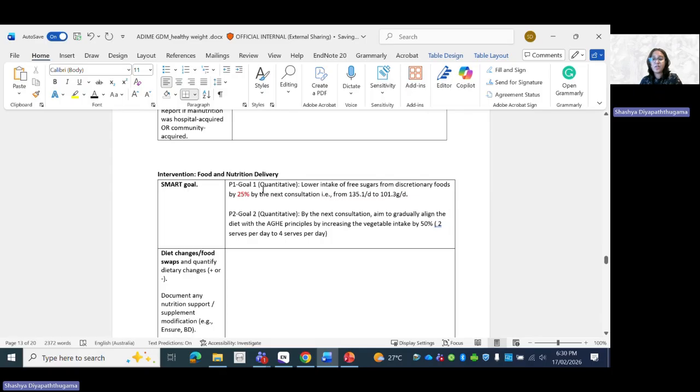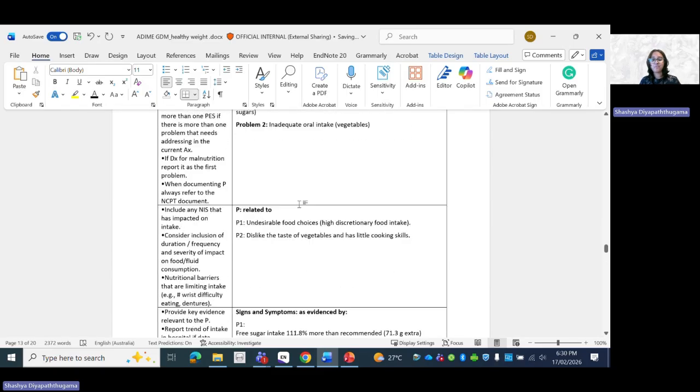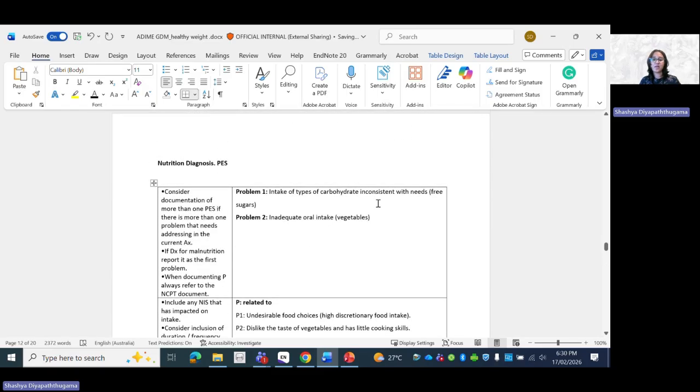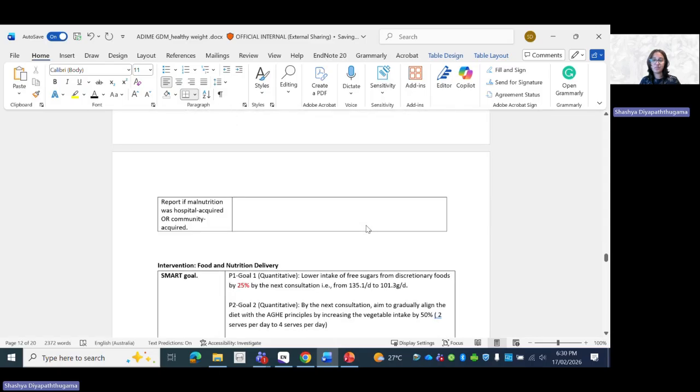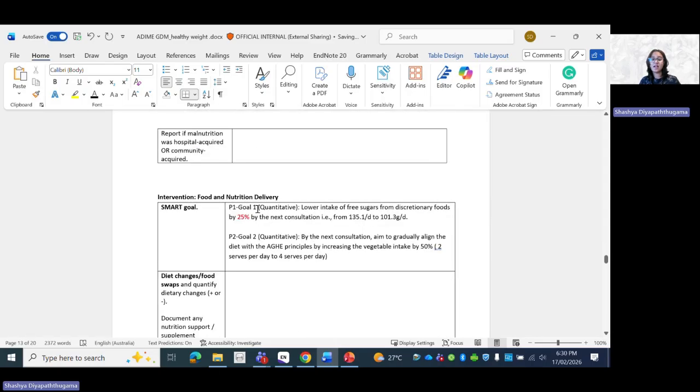Okay, this is done. And now we need to design the intervention. So the goal for the first one, I've written down 2 goals for the 2 problems. So for the first one, which is intake of types of carbohydrates inconsistent with the needs, free sugars, that is a quantitative goal I've written. Lower the intake of free sugars coming from discretionary foods by 25% by the next consultation.